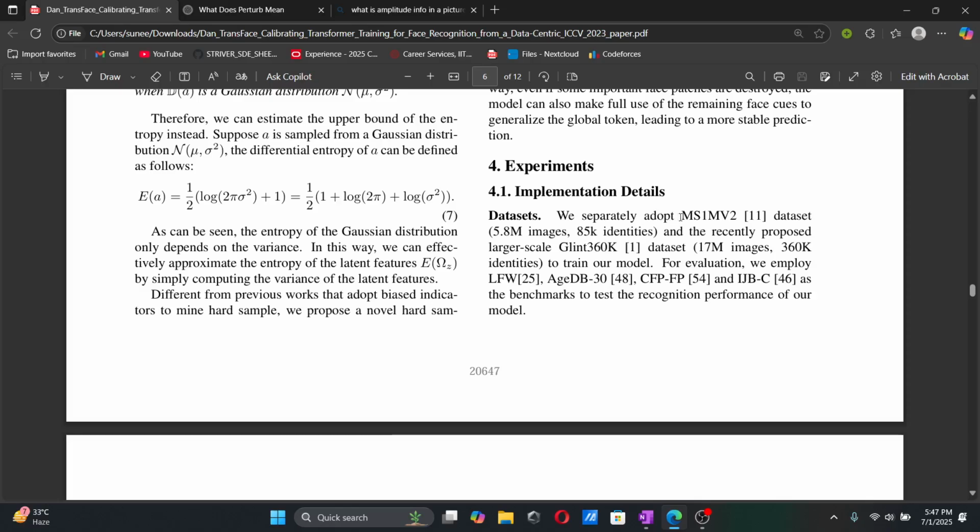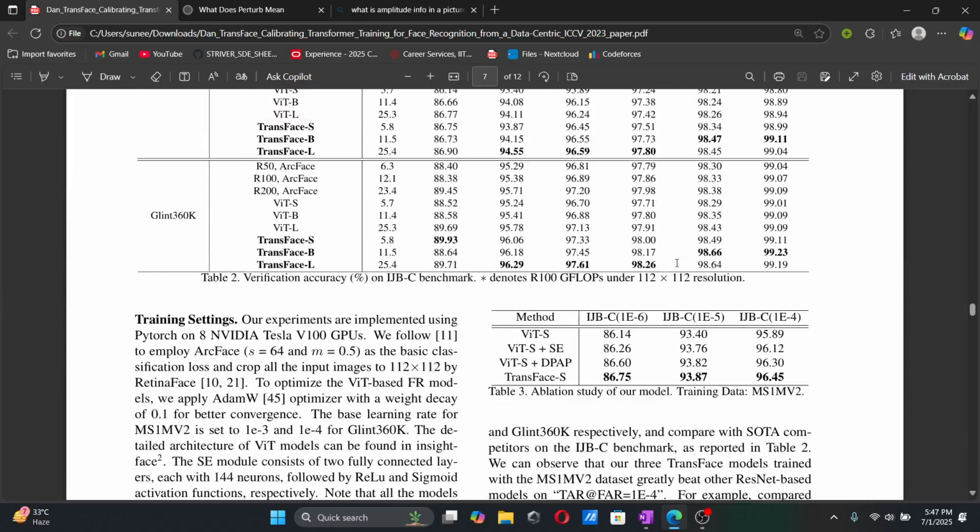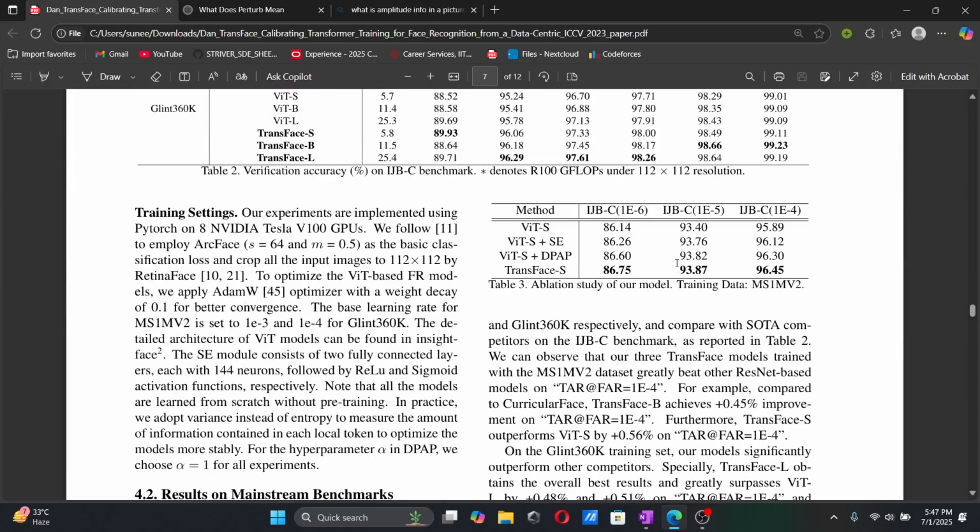We separately adopt datasets and recently proposed large scale datasets for evaluation. Our experiments are usually run on PyTorch and NVIDIA V100 GPUs.